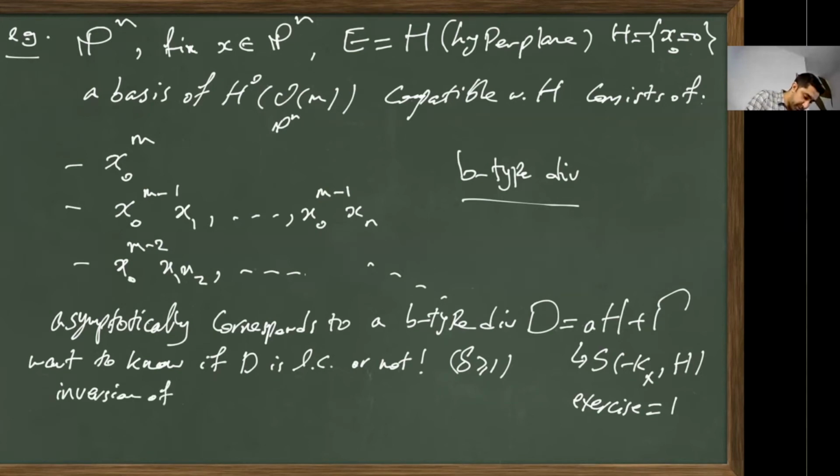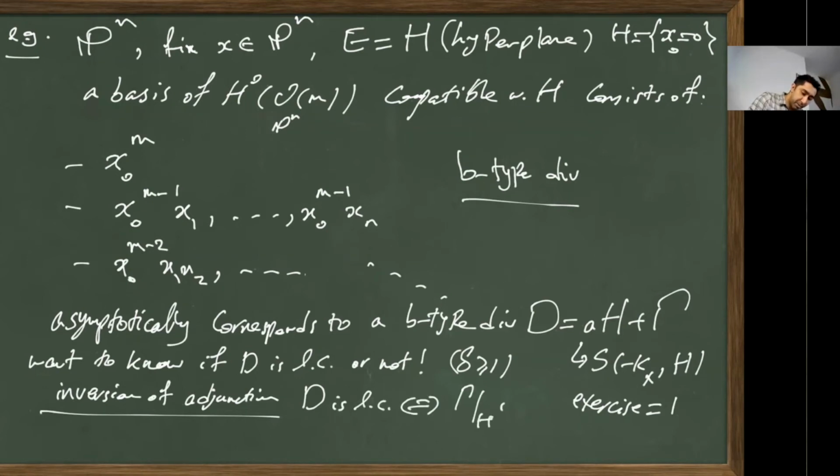Inversion of adjunction tells you that D is log canonical if and only if gamma restricted to H is log canonical. And this is the key. This is the key in the induction that you saw in the title, and this is the idea.